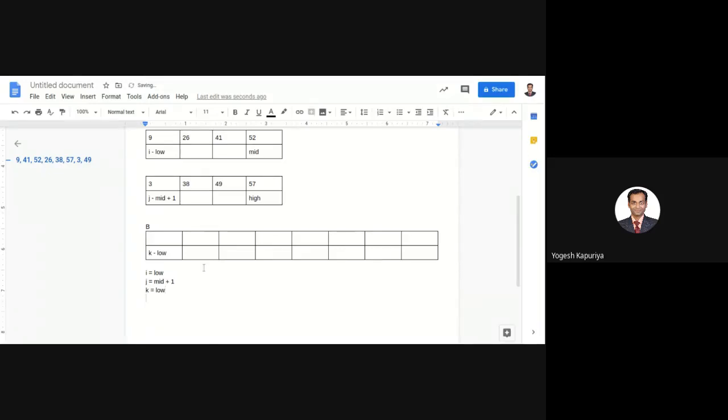Now you want to compare this first element with this first element. You want to keep on doing this till either this completes or this completes. Let us not go inside the loop part; let us first understand the comparison.